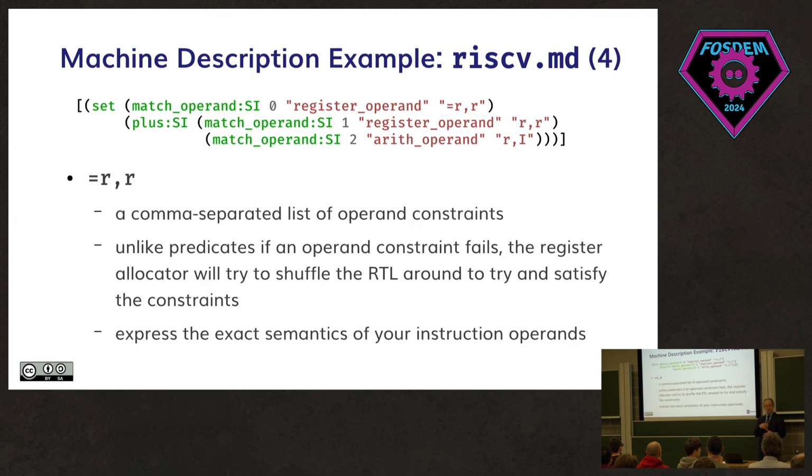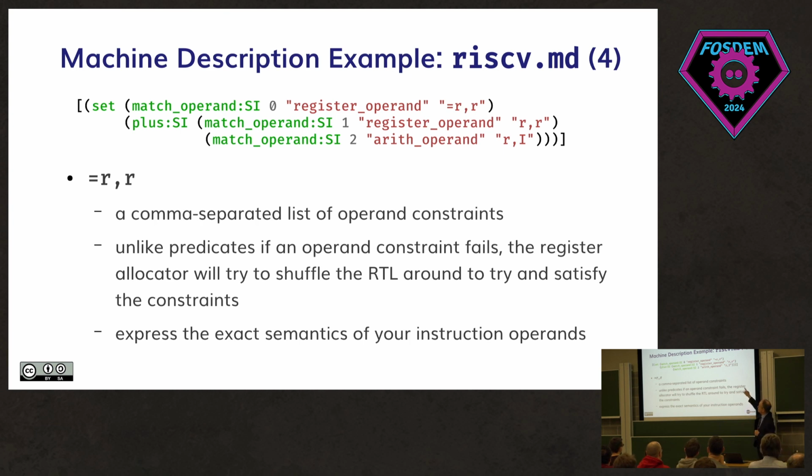And then we have constraints on that. Now, the constraint is not much here. "=r, r". That's saying I'm giving you two scenarios. They actually both happen to be r in this case, but we'll explain why. The equals means I'm writing to it. So I'm either writing to a register or I'm writing to a register. The reason that matters is these pairs go together.